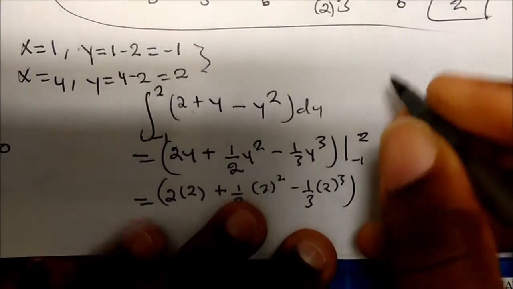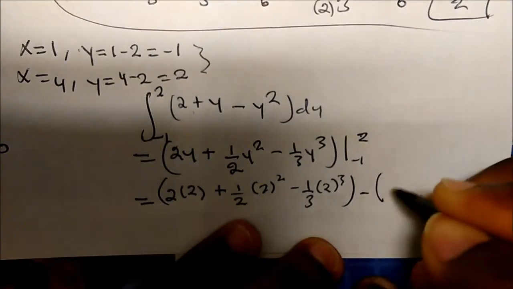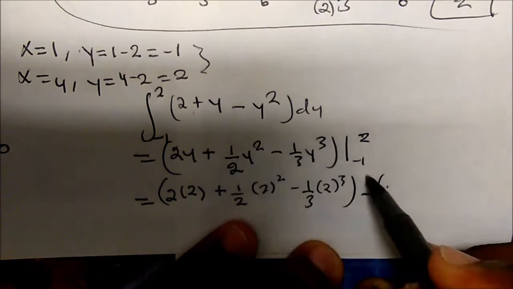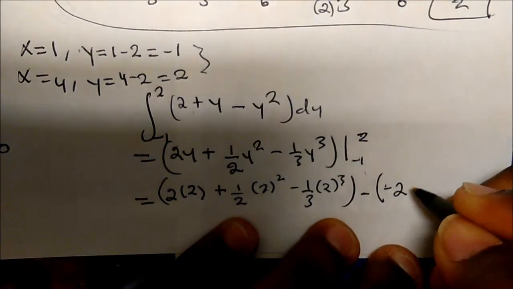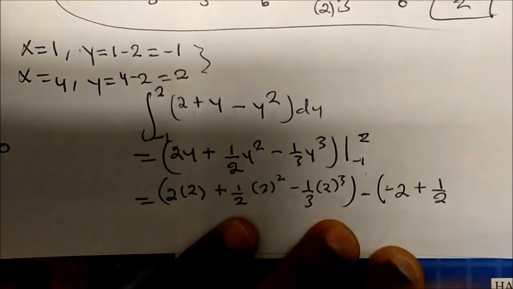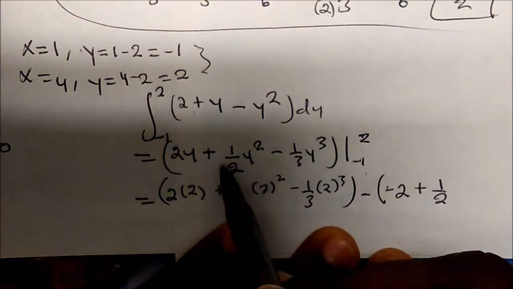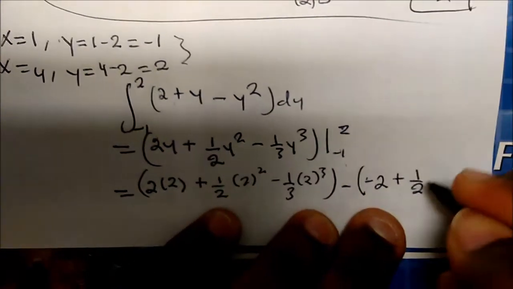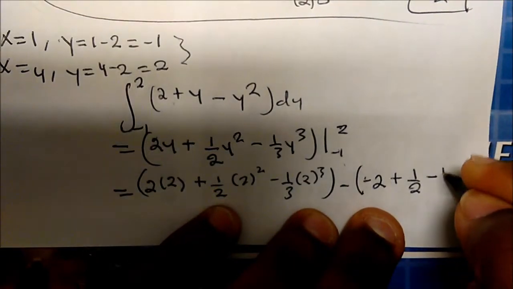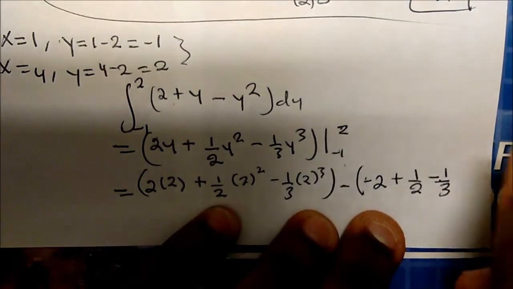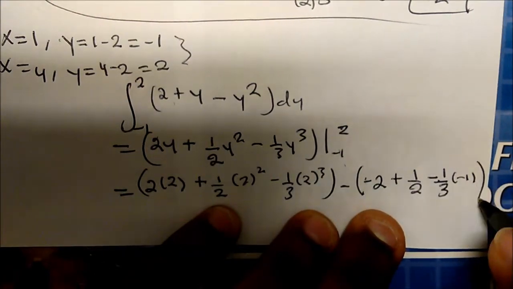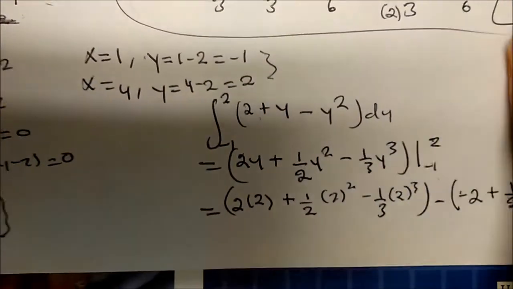I'm going to also subtract this from, well, 2 times negative 1 is just negative 2, plus 1/2, because negative 1 squared is just 1, so that will give us 1/2 times 1 minus negative 1/3 times, well, negative 1 cubed is just negative 1. Right? So these are the values we subtract.